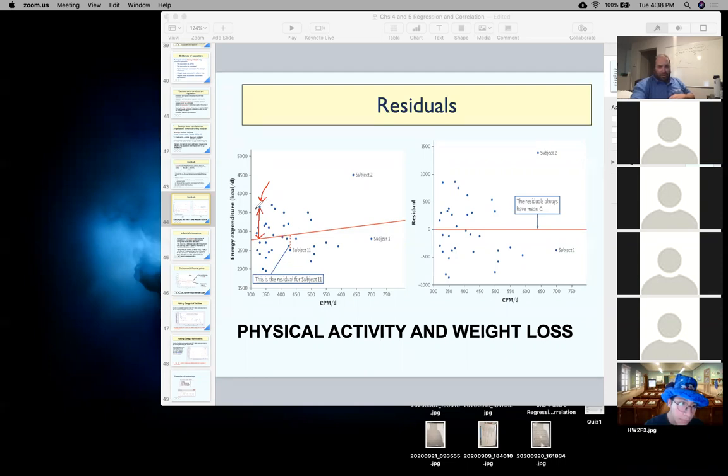This is about 3,700. The line is about 2,800. So that looks like a residual of about 900, right? Yeah, 900.